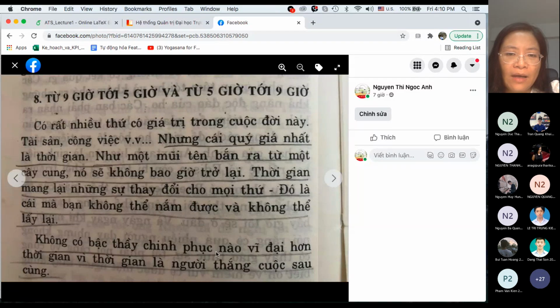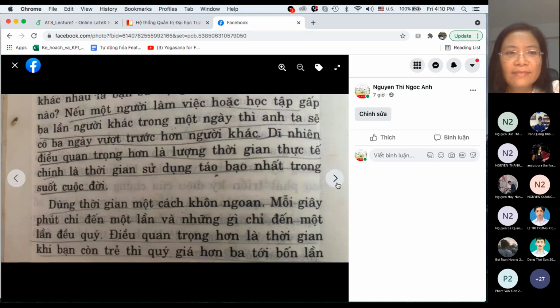The greatest thing is time, and time is success. If a person can use time more efficiently in a day, he can get three times further ahead than another person.